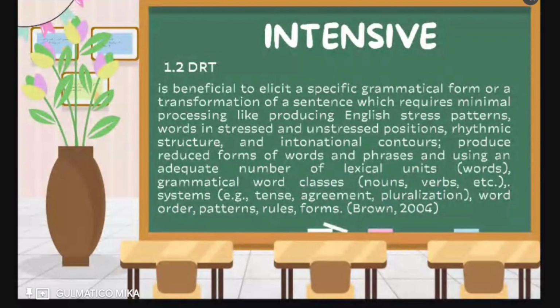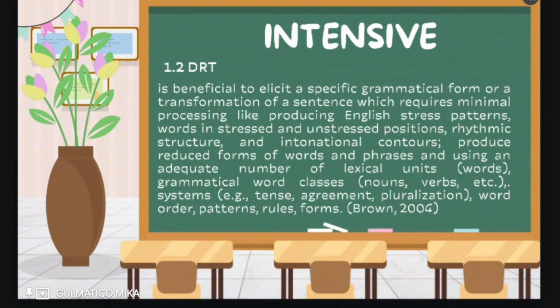Grammatical word classes like nouns, verbs, or pronouns, and systems like tense, agreement, pluralization, word order, patterns, rules, and form. Basically, that is what Brown said in 2004.